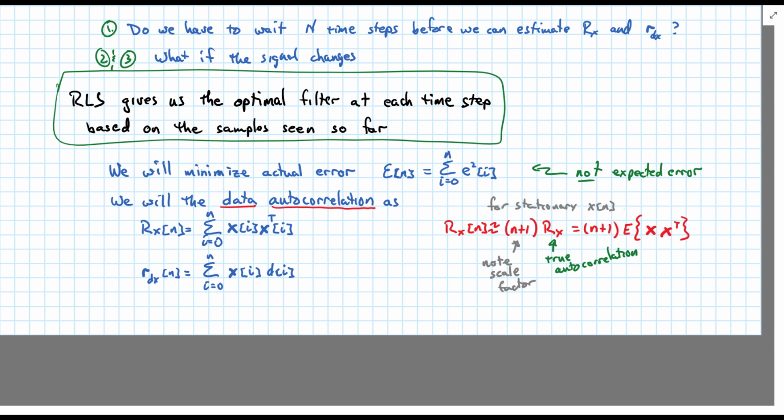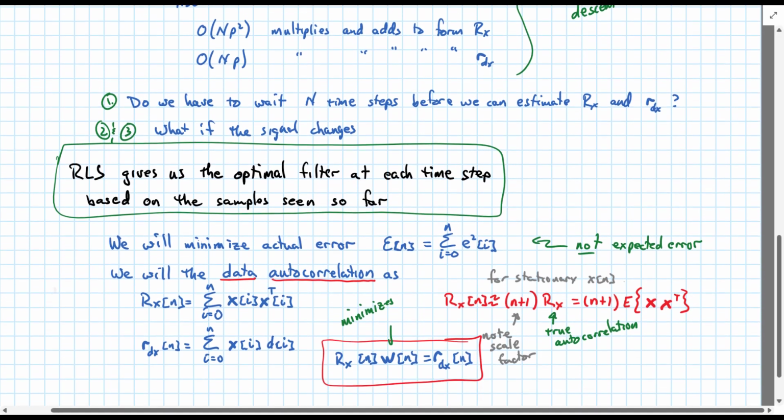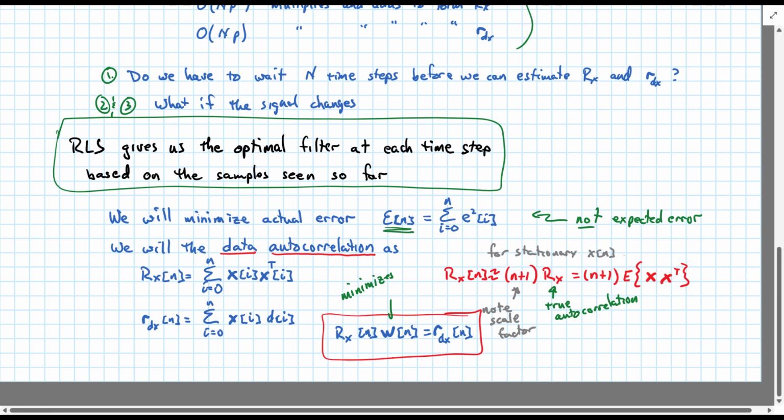And so in this case, we now have the relationship Rx of n times w of n is equal to Rdx of n, and this value of w, if we solve for it, minimizes our error right there.